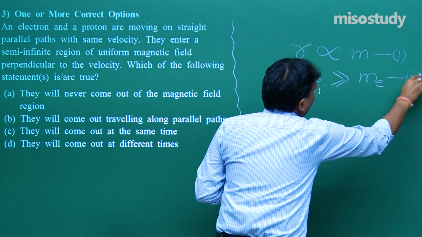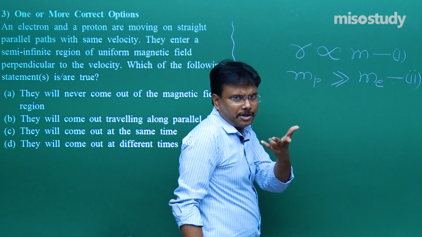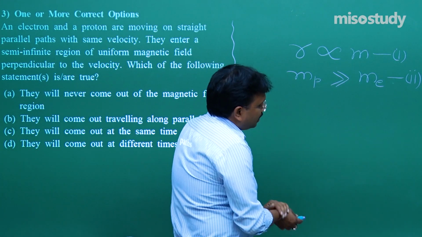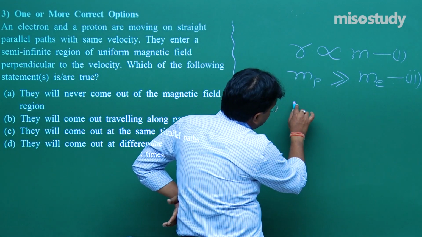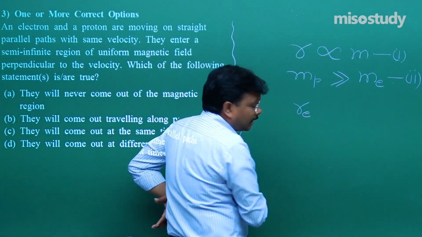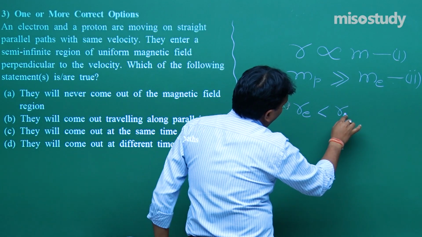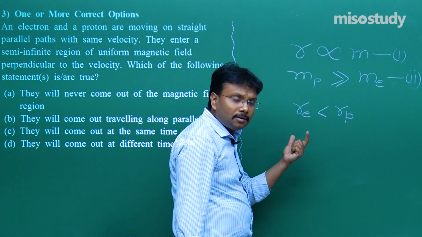So, these are two facts with which we created this equation. Basically, I gave the name 1 and 2 to these facts, fine. Now, if it is like this situation, then what I can say is the radius of the electron path is less than the radius of the proton path, directly proportional, fine.